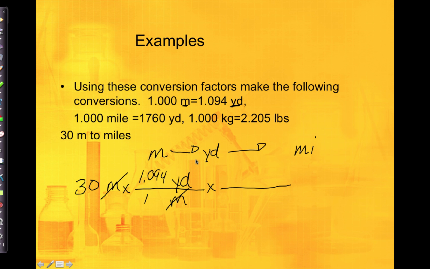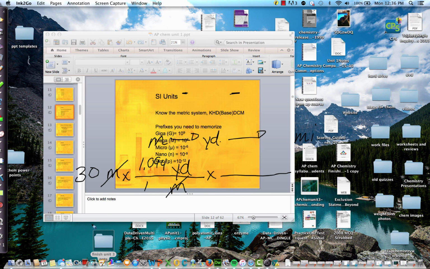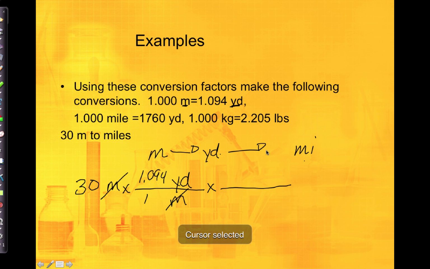Alright, so I'm following my map. Meters, yards, miles. Okay, following my map, meters, yards, miles. We'll go on to the next part. Alright, so now the unit that I have will come to the bottom.